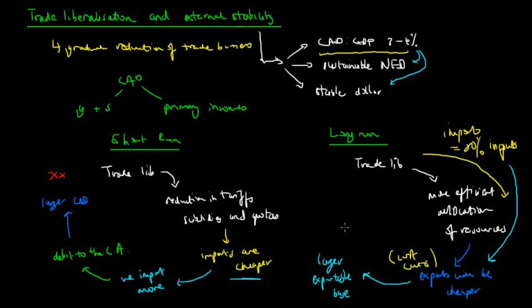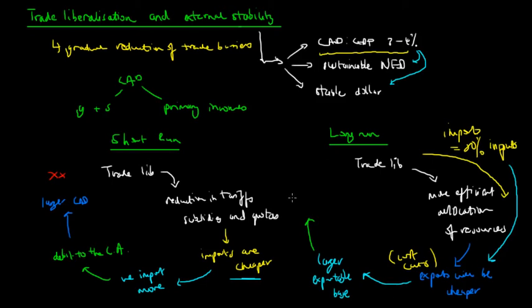Say we produce 100 units of goods and services. Before trade liberalisation, we consumed 80 units of those goods, and we had only 20 units to trade. Now with trade liberalisation, we can consume 50 units, we import 30 units, and now we have another 50 units to trade. And therefore that makes a larger exportable base.